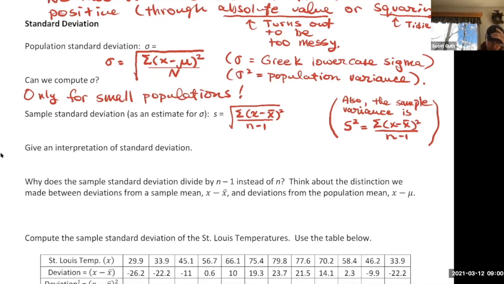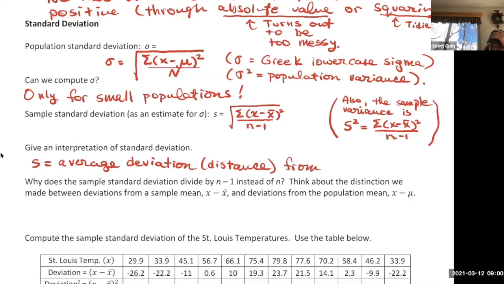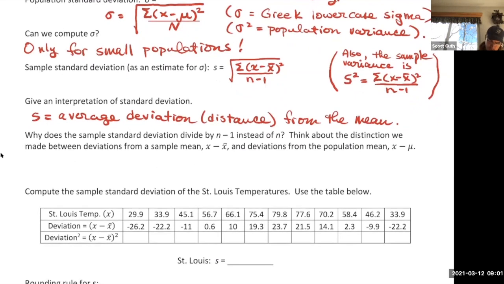We estimate them. Okay, and again, standard deviation is the average distance from the mean. You can say average deviation, and if that's confusing, just replace it with distance from the mean. Okay, and then I'll go ahead and fill this one in.